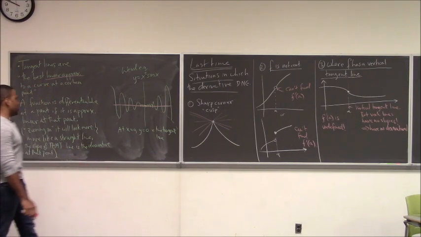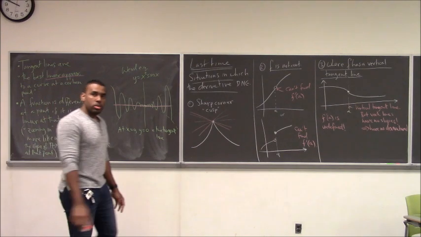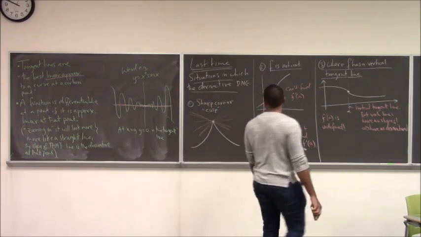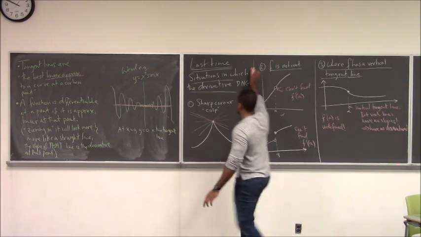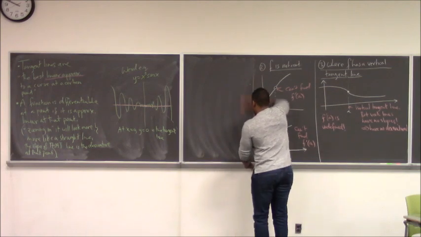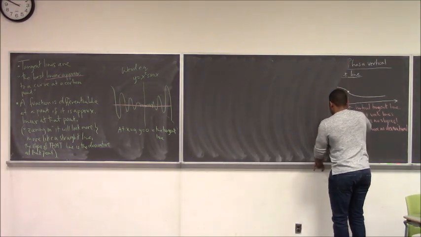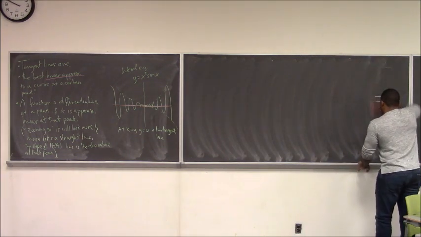Now, what I want to do is talk about another situation in which we would like to be able to find derivatives, but it might be weird doing so at first, unless you know how to do it, which I'm going to tell you now. This is called implicit differentiation.